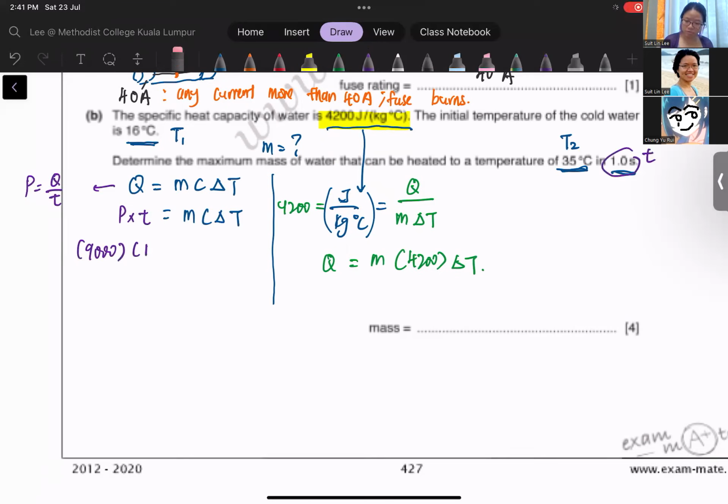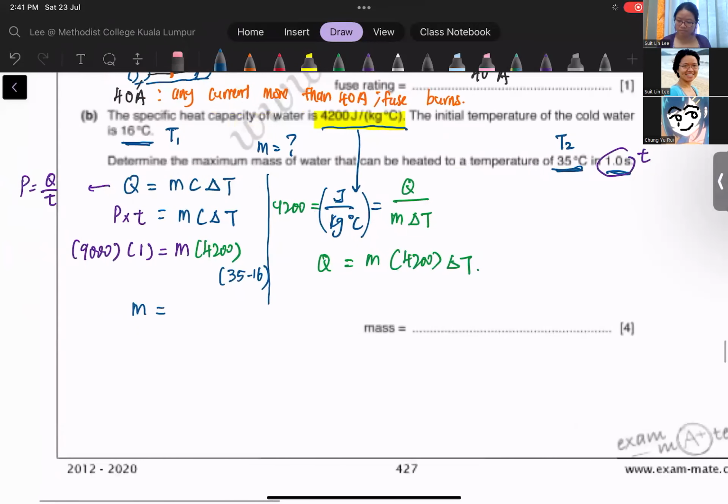So times 1. We're looking for how much mass we can possibly heat. 4200, I'll write this in green for you. This is 4200, the specific heat capacity. And the change in temperature that we have is 35 minus 16. Okay, I can find M already.